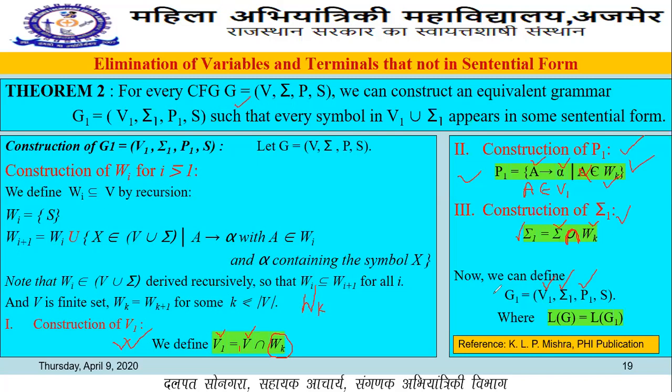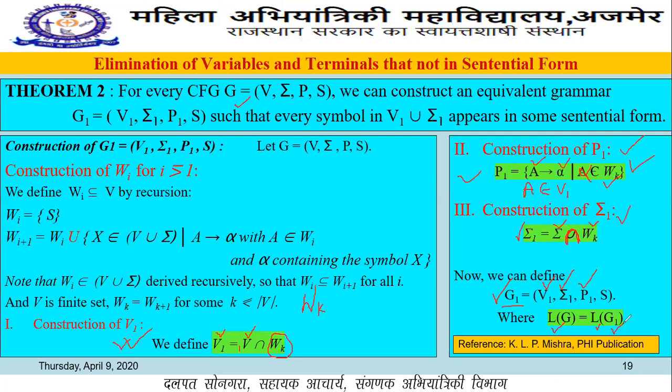Then we can define a grammar G1. This is known as the simplified grammar, in which all variables and terminals derive some sentential form. And one more thing, the language corresponding to grammar G should be equivalent to the language corresponding to grammar G1.